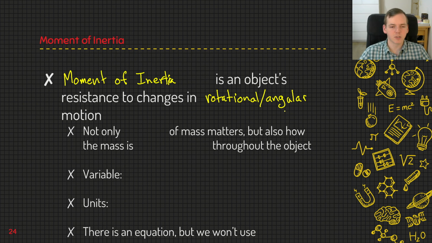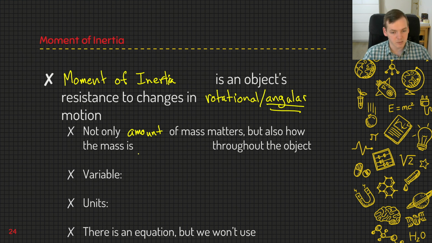All these we kind of use interchangeably in physics, but angular would probably be the best term here. Changes to angular motion. Not only does the amount of mass matter now, so like before, the amount of mass matters. The more mass you have, the harder it is going to be to spin it. But also how that mass is distributed throughout the object. And we'll talk about specifically the way that we talk about distribution later.